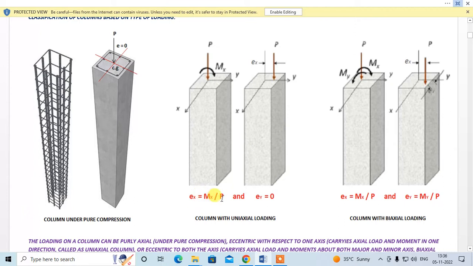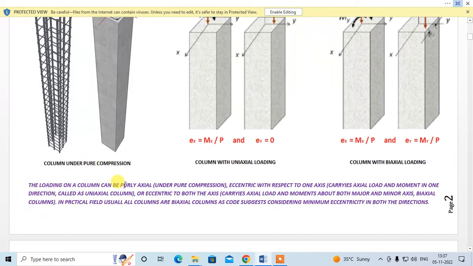Ex is equal to Mx by P, and Ey is 0 because this is a uniaxial column. Column with biaxial loading, you have one axial load and two moments, that is Mx and My, and you can represent this in this manner, that axial force at an eccentricity Ex and Ey.